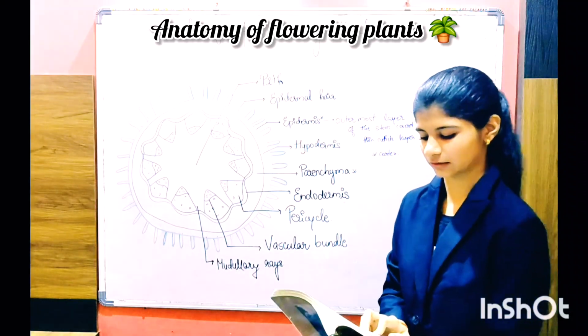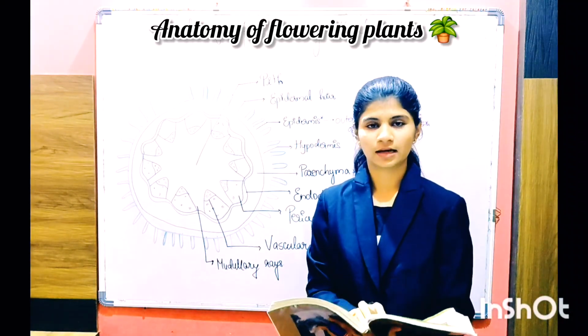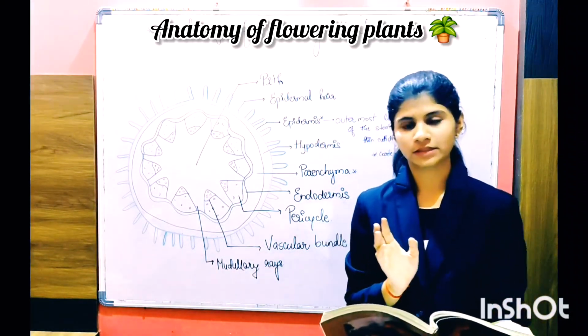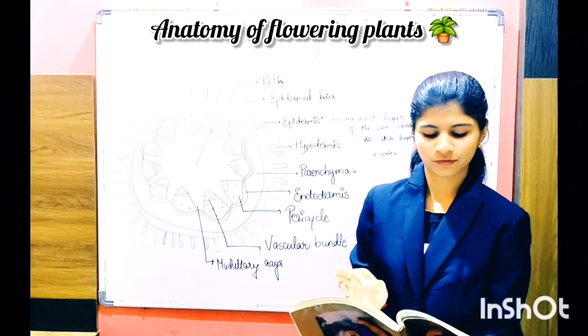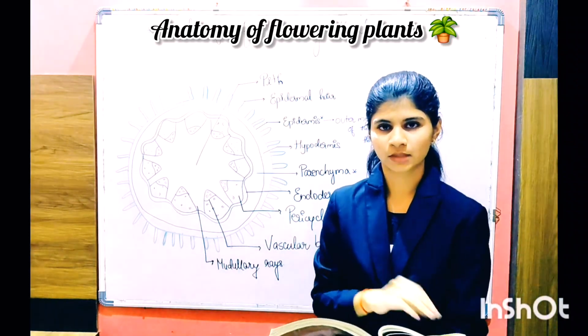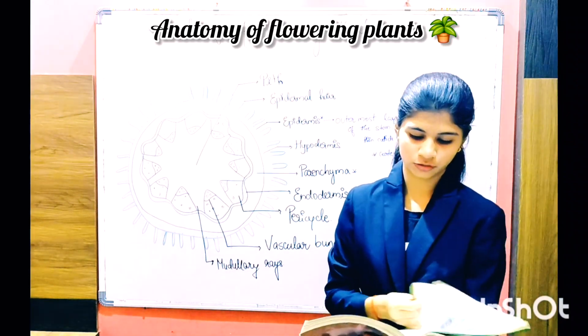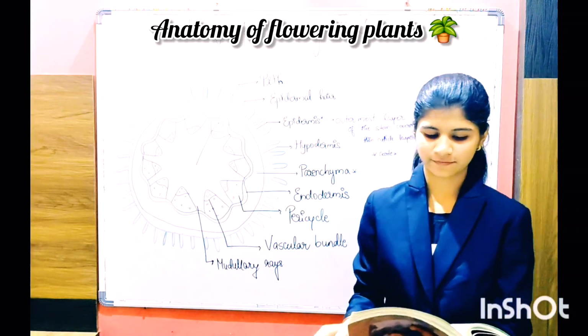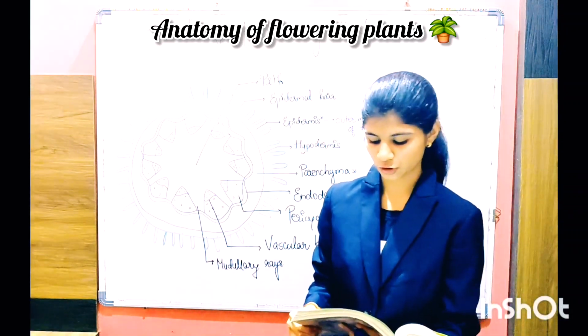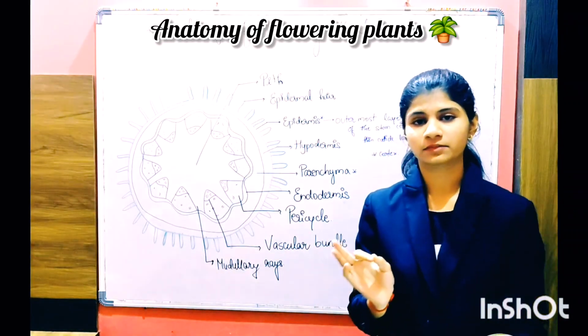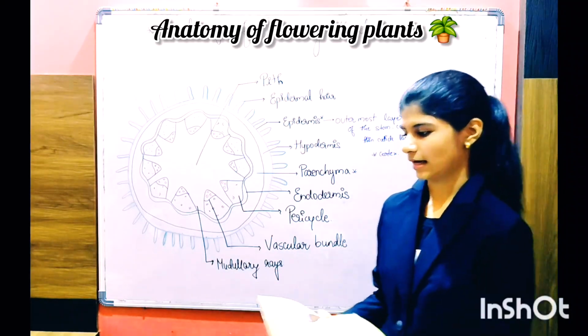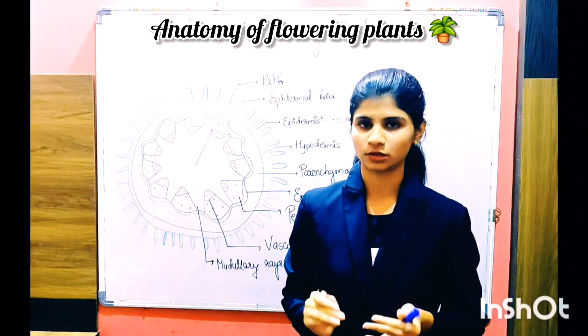and constitute the pith. Now, as I told in the previous video, the diagram of the conjoint open vascular bundle is on page number 73. In the conjoint open bundle, the cambium is present. The cambium is present only in the dicotyledon root or stem.